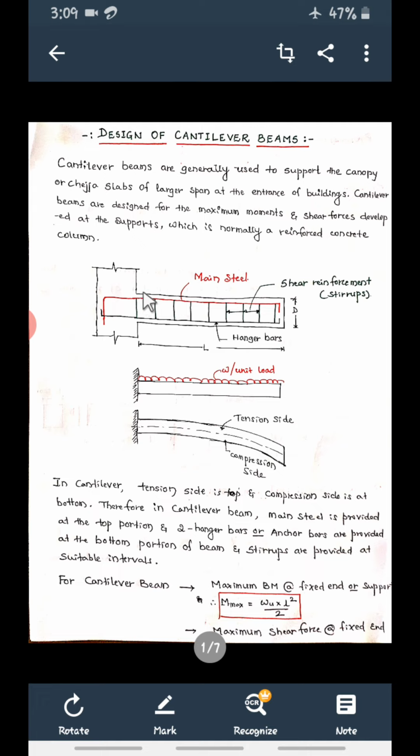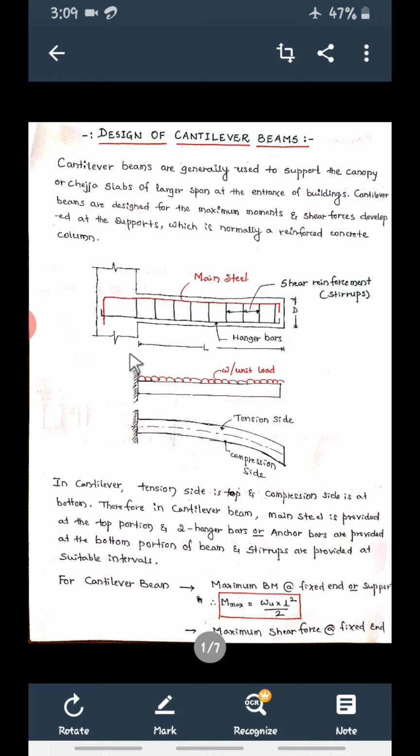So in a cantilever beam, the maximum bending moment and shear force are at the fixed end. Therefore the maximum moments and shear forces are developed at the supports, which is normally a reinforced concrete column. Now see an example. This is the beam, and the beam is supported with a column.